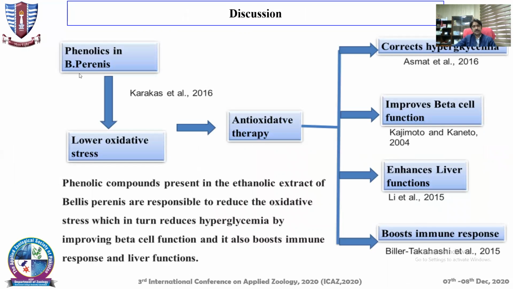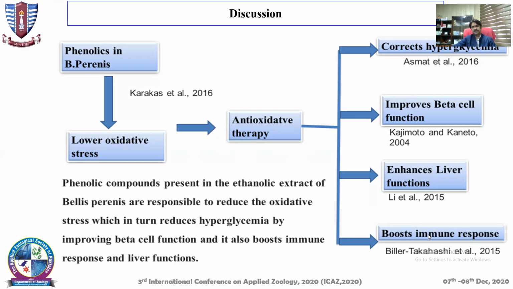If we see the overall results, we can say that this plant extract, due to its phenolic contents, reduces oxidative stress, and ultimately it plays an antioxidative role, which helps to correct the hyperglycemia. It improves the beta cell function, it enhances the liver functions, and it also boosts the immune response of the body.